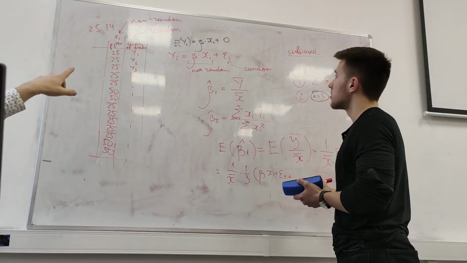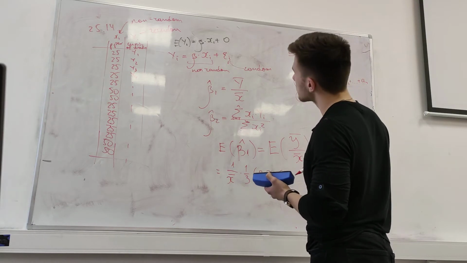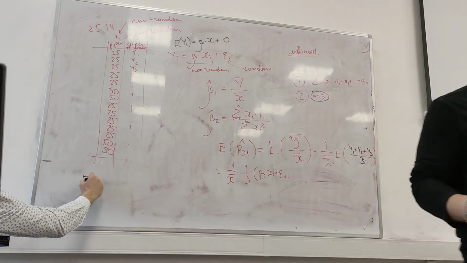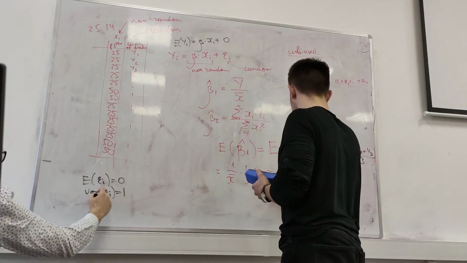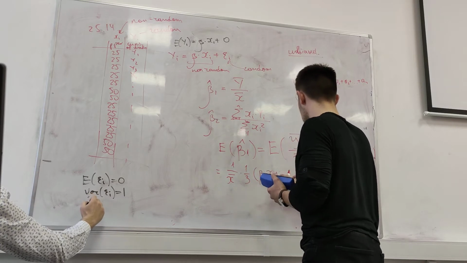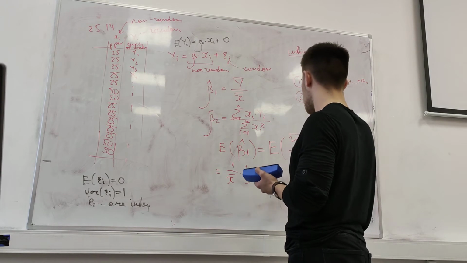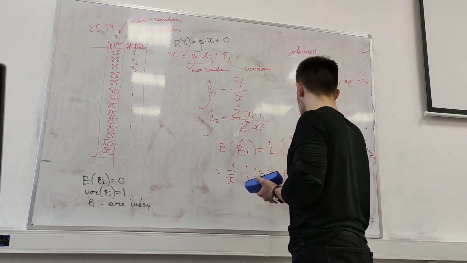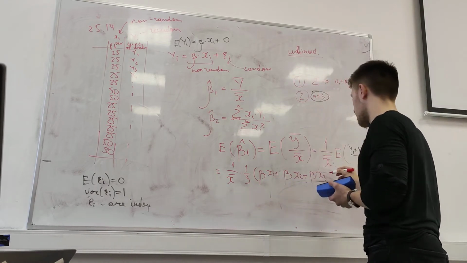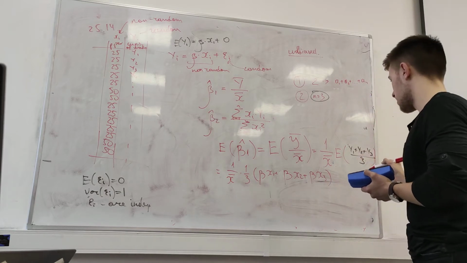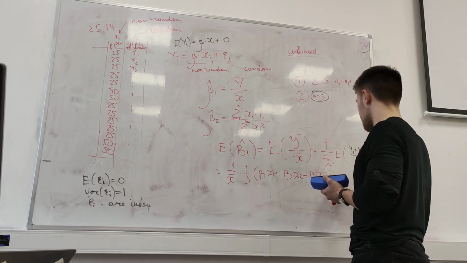What is the expected value of epsilon? The expected value of epsilon is 0. The variance of epsilon is 1. The epsilons are independent. So we get 0, plus b multiplied by x2 plus b multiplied by x3. But you forgot to divide by 3.